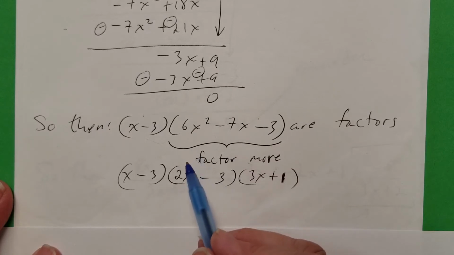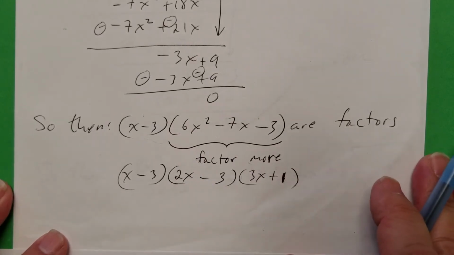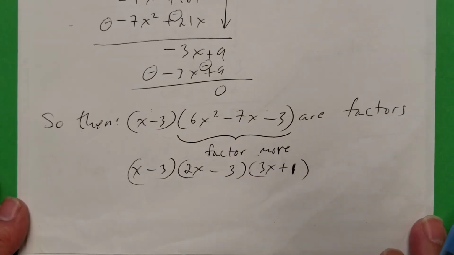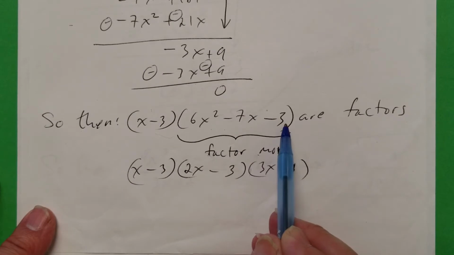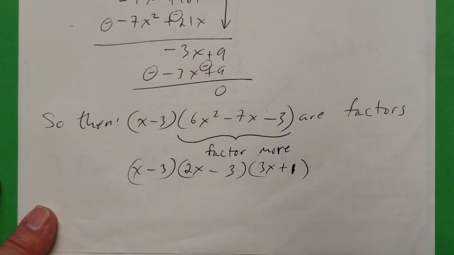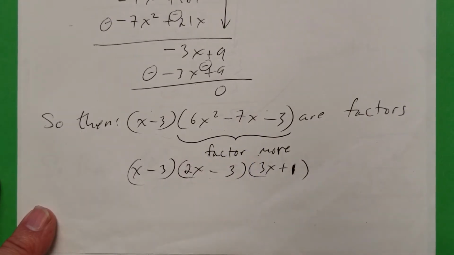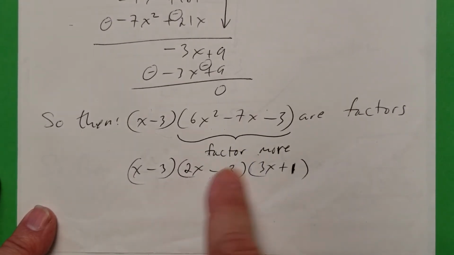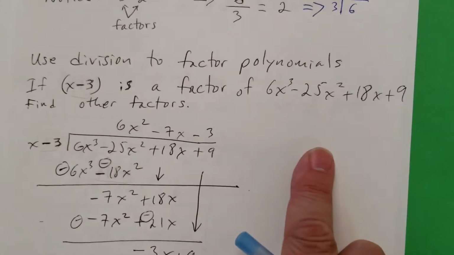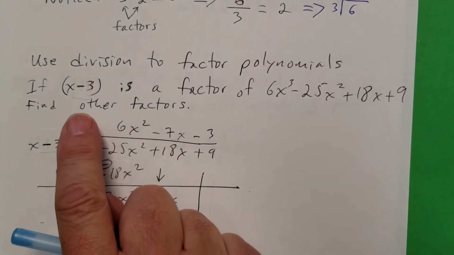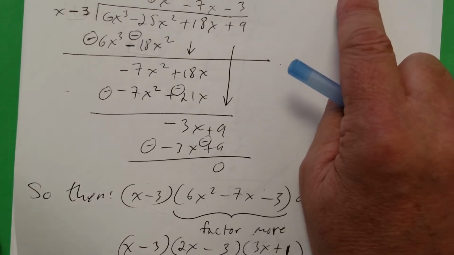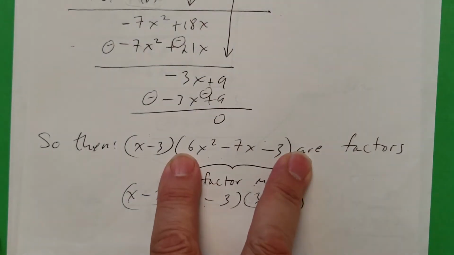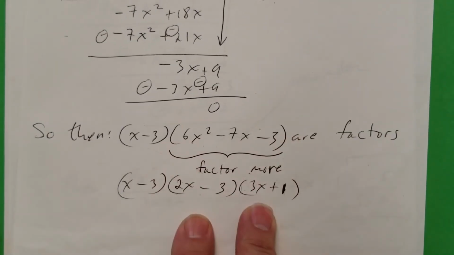So trial and error, or use the x method, but whatever it takes, you should know that this trinomial can be factored. Not all trinomials can be factored, but you should try and factor it. Okay? Finally, we got all the factors of this polynomial. And how did it start? It started with us giving you one factor and you dividing to get the other factor. And then we noticed the other factor can be further factored. Right?